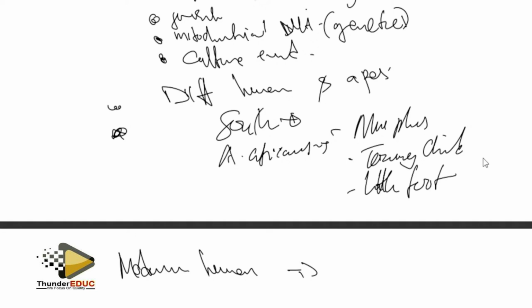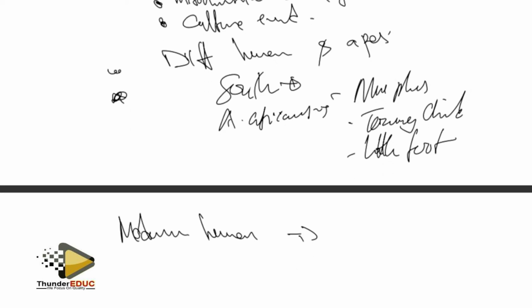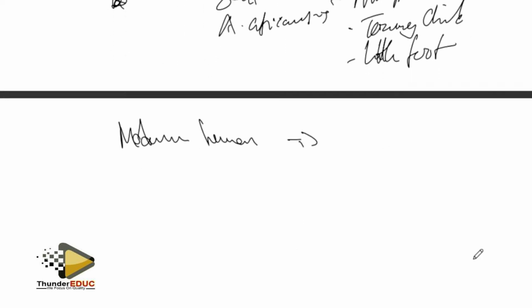Give 3 evidences to support the out of Africa hypothesis. That is fossil evidence, mitochondrial DNA, and cultural evidence. Now, remember I said that this can come in this 6 mark. So how do I use cultural evidence, mitochondrial DNA, and fossil evidence to do this?